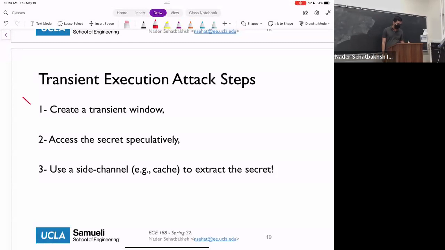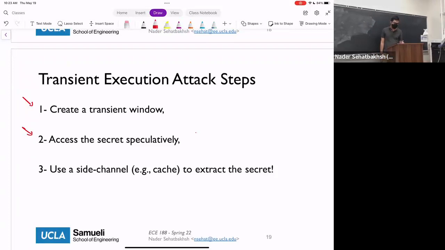The attacker first creates a transient window, which means the attacker needs to create a bunch of instructions under some sort of branch. During that branch, a speculation window, the attacker accesses the secret value, the illegal value that it was not supposed to access during that period.